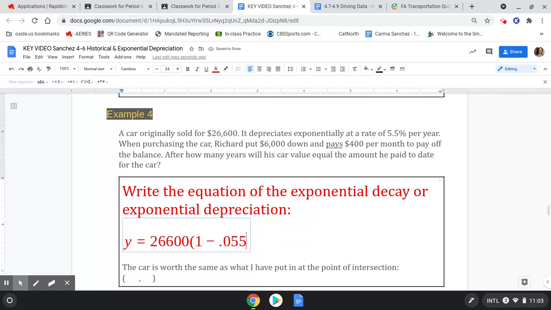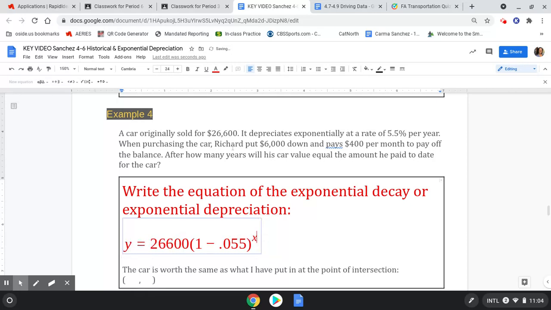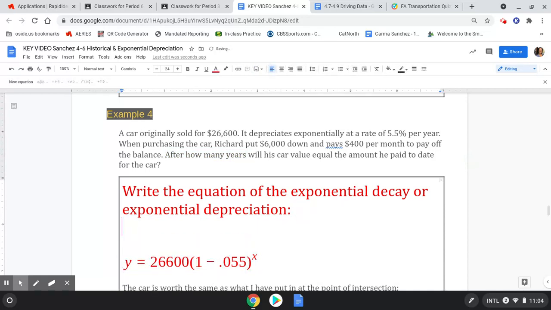Are you okay with how I got that? And it's to the power of x because after how many years? Well, we don't know. So that's what we're trying to figure out. We're trying to find out that value. So real quick, how did I get the 0.055? I'm taking 5.5 and moving the decimal twice to the left. So I'm going 1, 2.